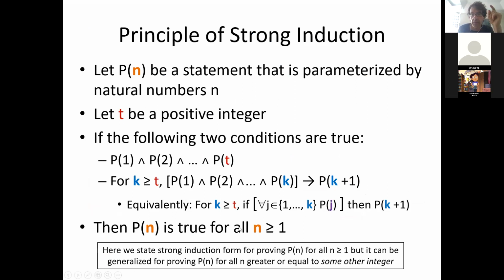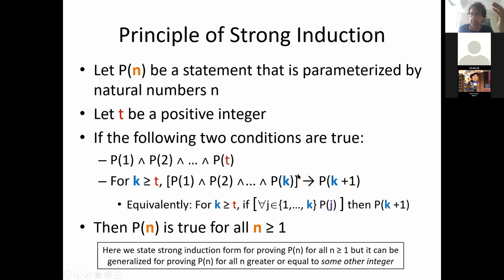Then you can think of this implication as showing that P prime at K implies P prime at K plus 1. And why is this not apparent? Where is the conjunction with all the rest of this stuff?